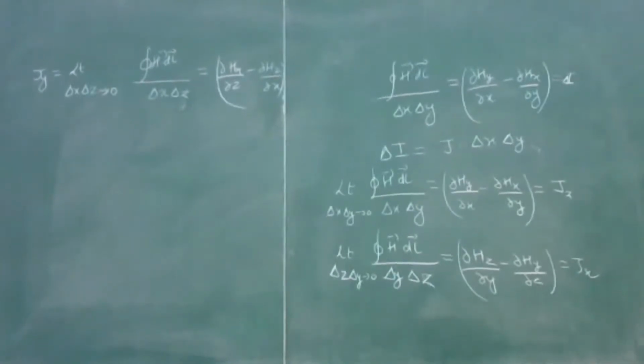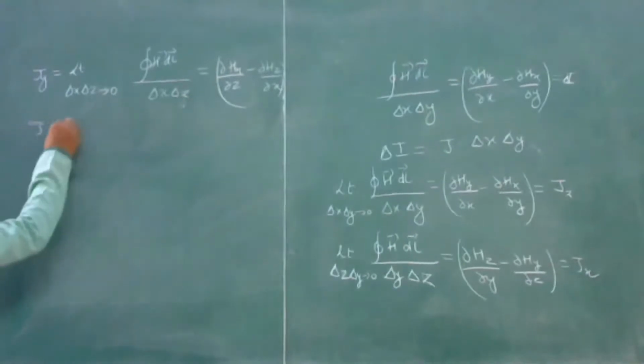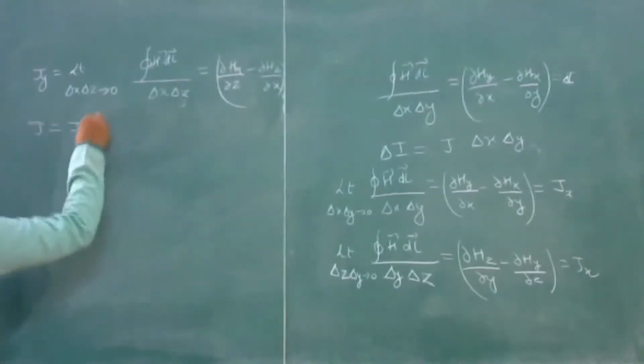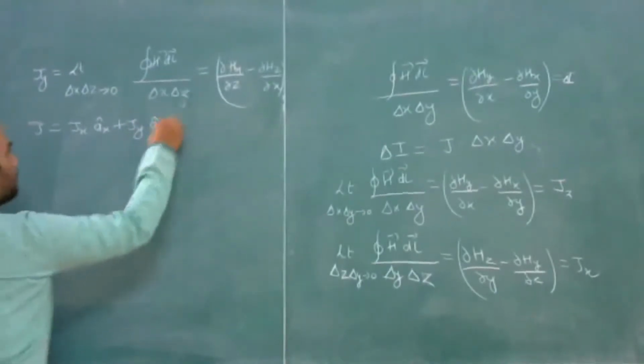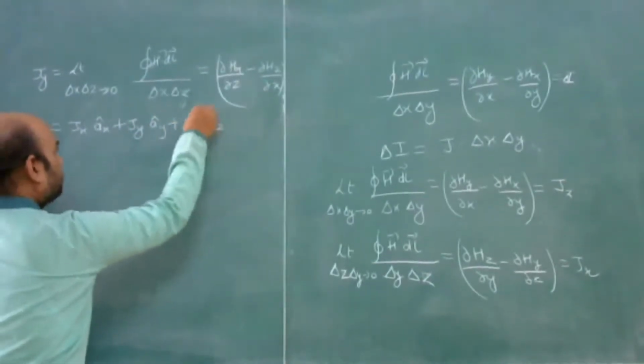Okay, and we also know that J is equal to Jx Ax plus Jy Ay plus Jz Az.